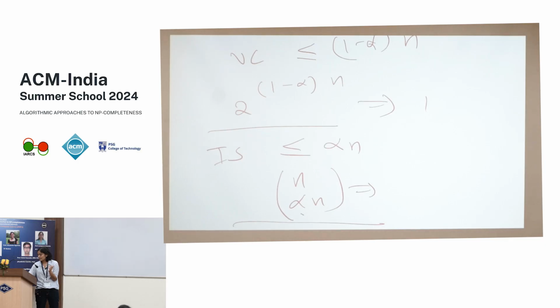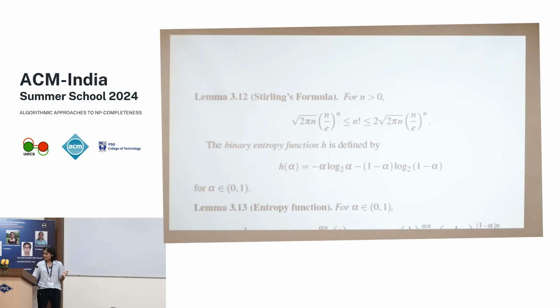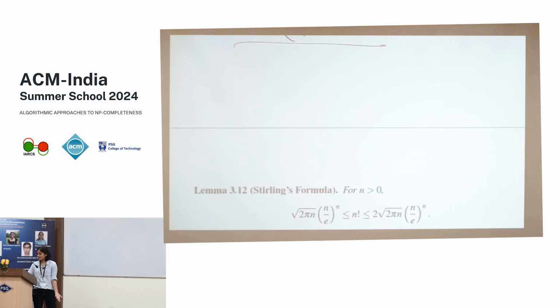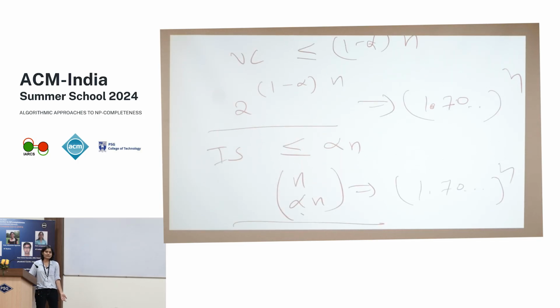So this becomes 1.70 power n, and this also becomes 1.7 something power n. So there is not any rocket science or magic here. It's just by using this entropy function which is giving me the best running time. So all we need to find out is what is the alpha that optimizes this function. That's all. And maybe you can use some websites that will give you the optimal value.